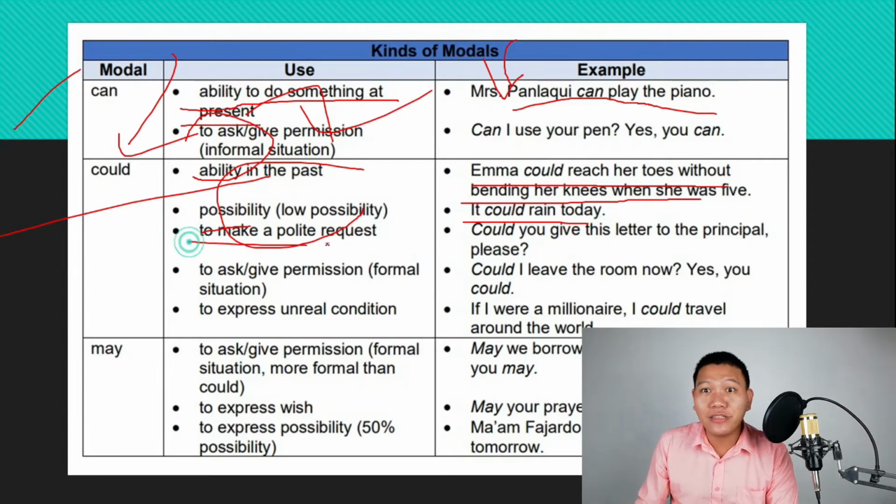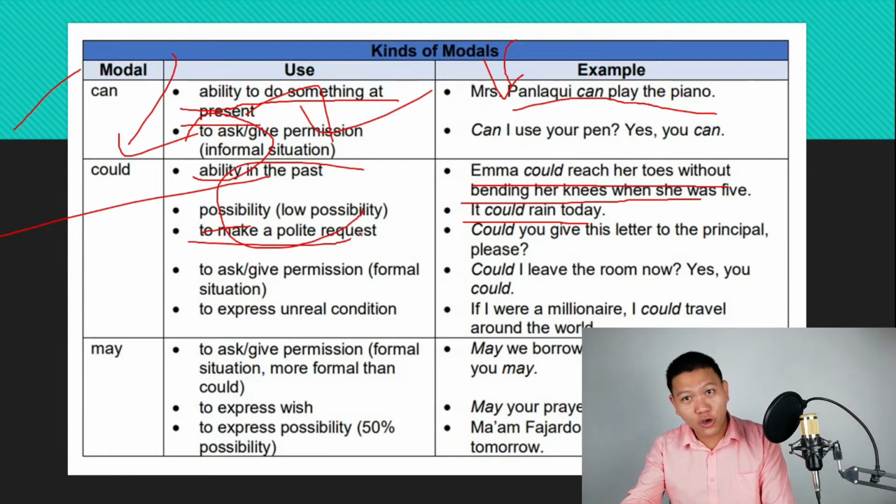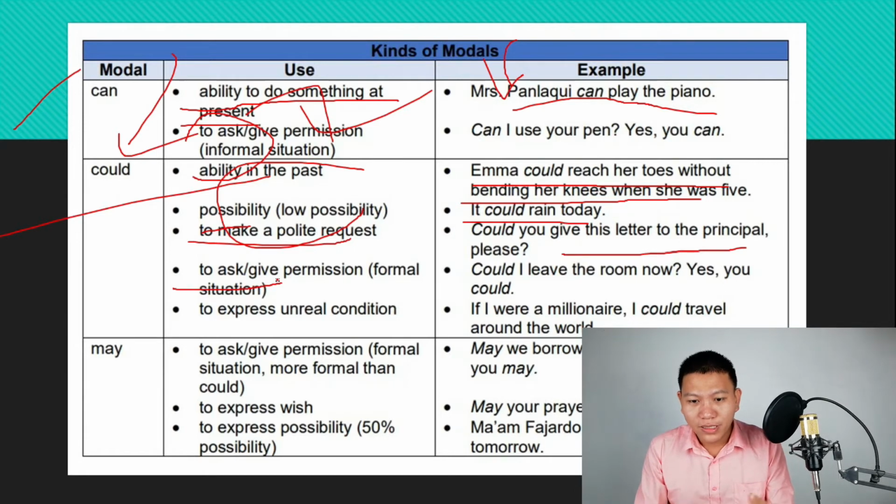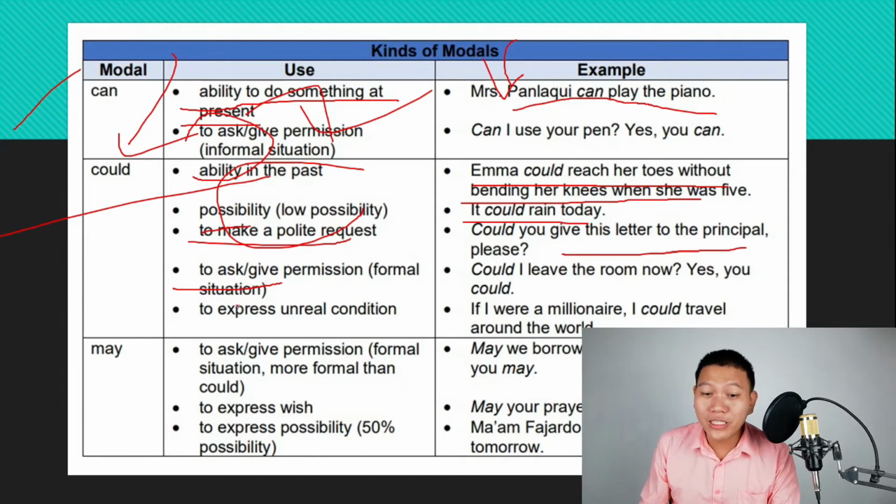To make a polite request, could you please hand the toyo? Could you give this letter to the principal, please? To ask or give permission in a more formal situation. Could I leave the room now? Okay, that becomes more formal. To express a real condition.